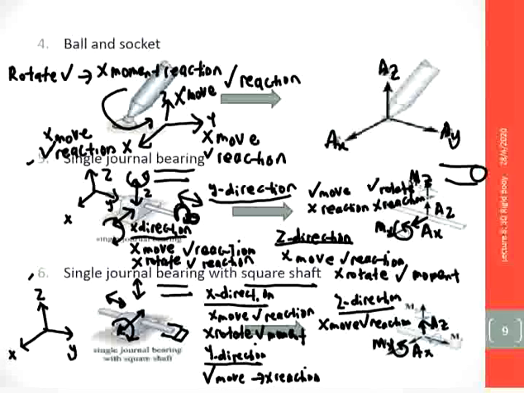And this is what's different between the single journal bearing and the single journal bearing with square shaft. For the circular cross section, it can rotate about the y axis, but because the cross section is square, it cannot.